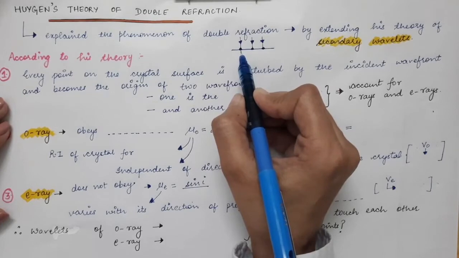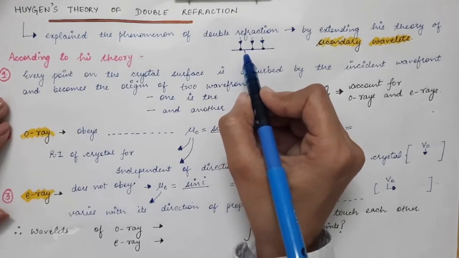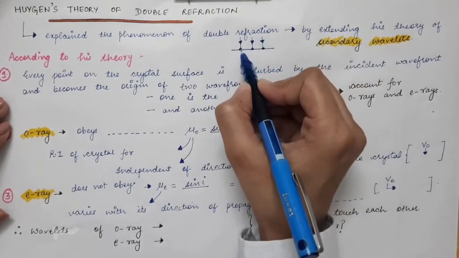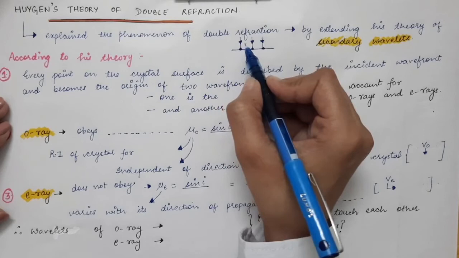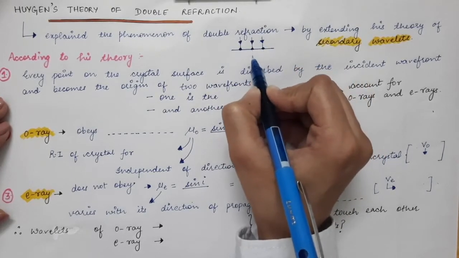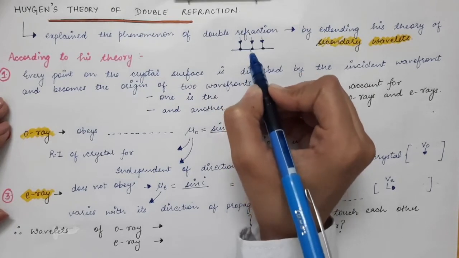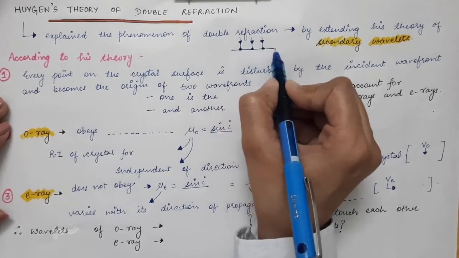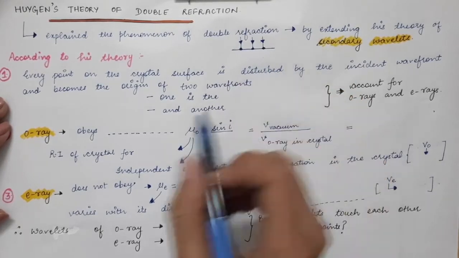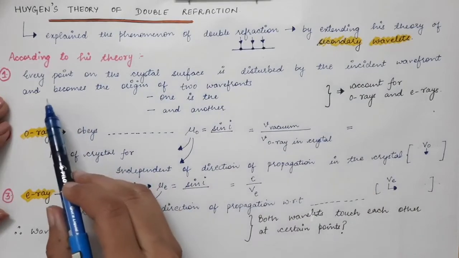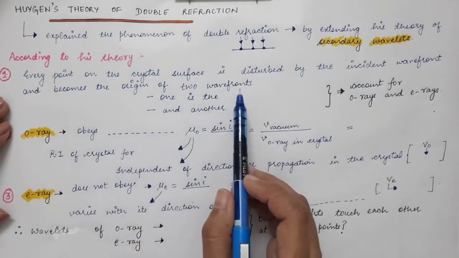These points where the light rays touch the crystal surface become the origin of wavelets, or you can say wavefronts. This point becomes a new source of secondary wavelets. From these points the secondary wavelets will originate when the incident wavefront falls on the crystal surface. So every point on the crystal surface is disturbed by the incident wavefront and becomes the origin of two wavefronts.